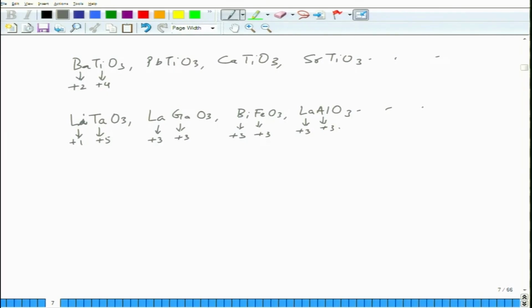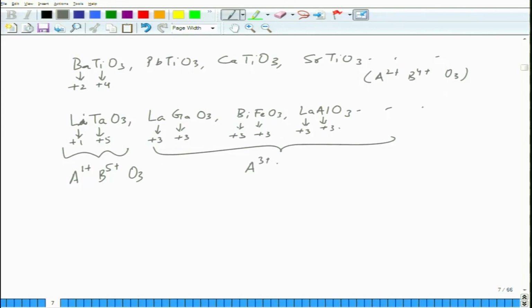So here they are A2+ B4+ O3. This is an example of A1+ B5+ O3. These are all examples of A3+ B3+ O3. Okay. You can also make mixed perovskites, basically solid solutions.